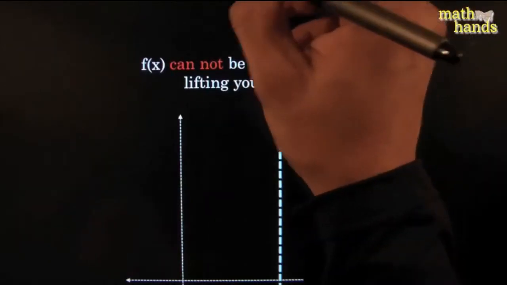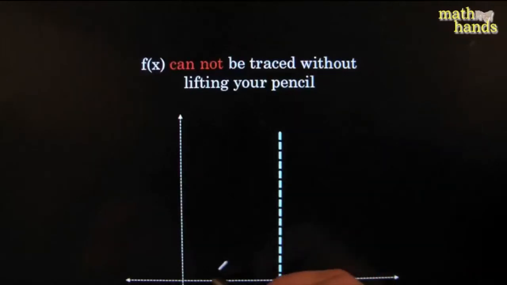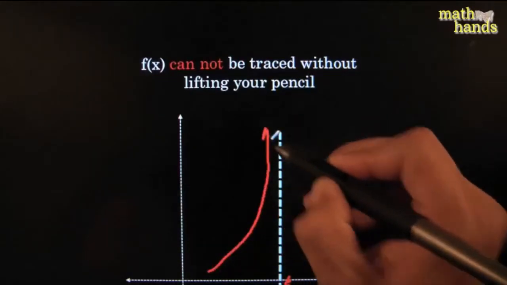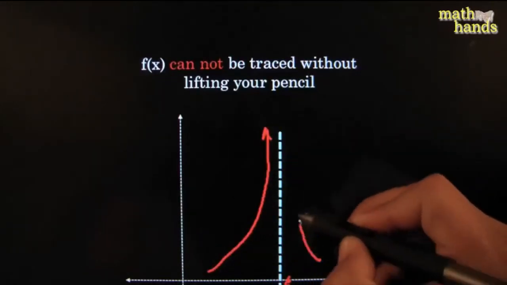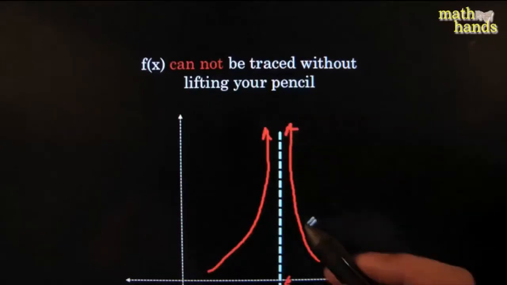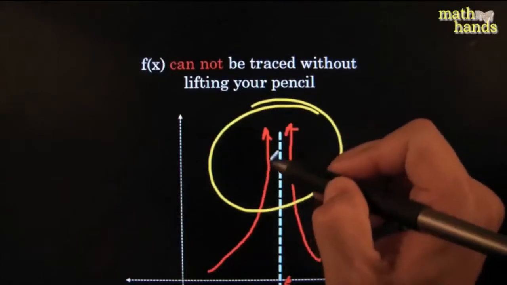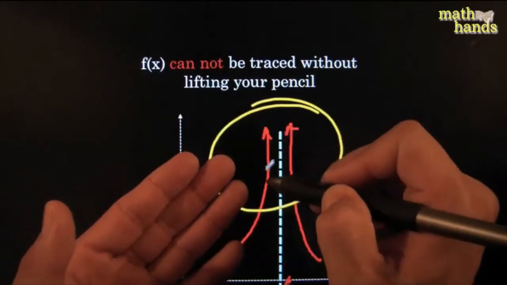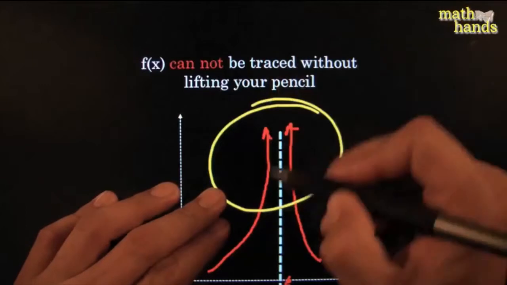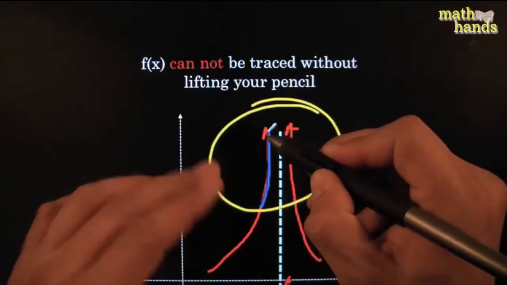You can just remove them. That's why they're called removable discontinuities. And I'll talk more about that later. Anyways, this is a famous type of discontinuity, removable discontinuity. And the other one was famous. It's called jump discontinuity. But wait, there's more.